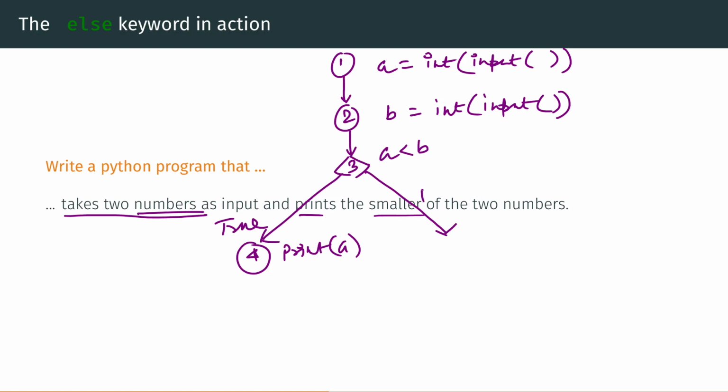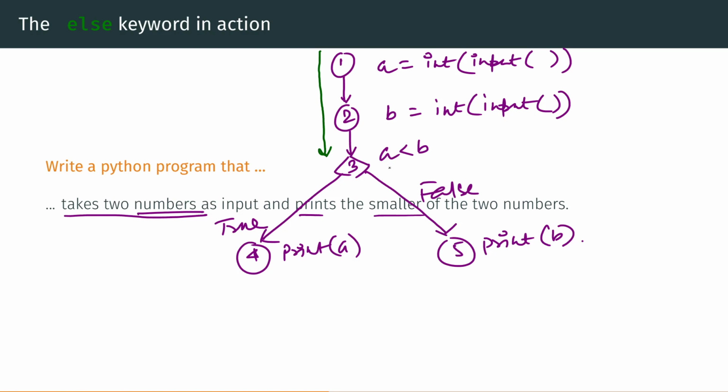And if the condition is false, I print b. So that's the tree of our code. We go through this path and then reach a fork. You see that these paths never join, but that's completely okay. They may or may not join.